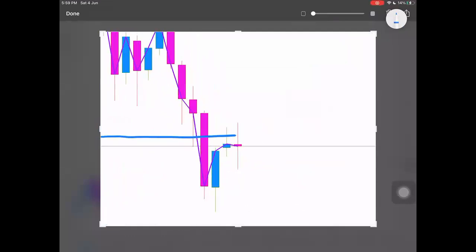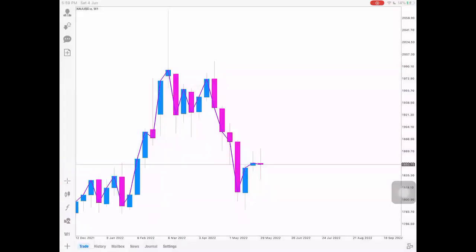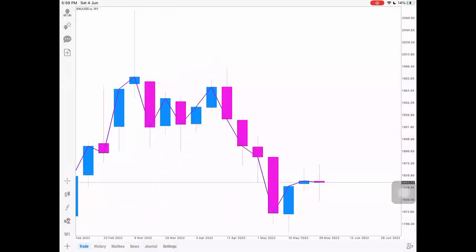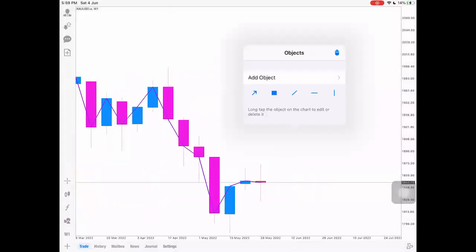And then over here, you have a weekly support. Weekly support. And then at the weekly support, a reversal trend line appeared.